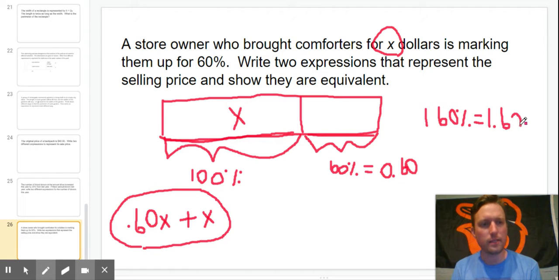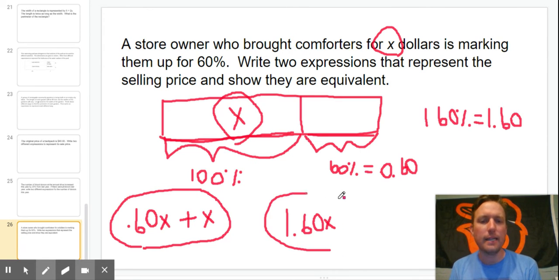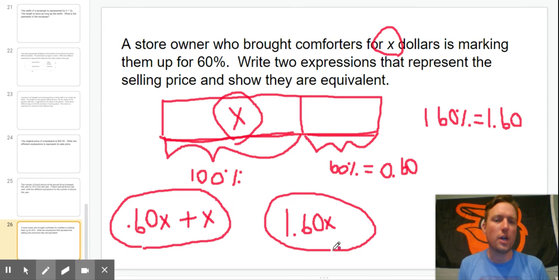1.60. Now, I want to find 160% of X, the original value that the store owner purchased the comforters for. So I would write 1.60, or 1 and 60 hundredths, times X. And this would be my second expression that would show a solution to my problem.